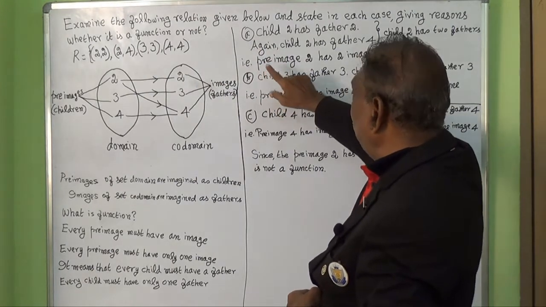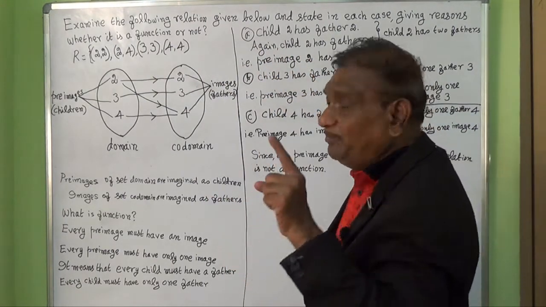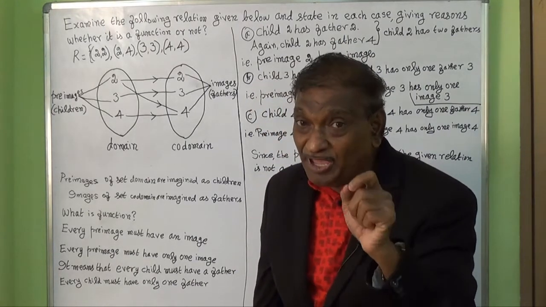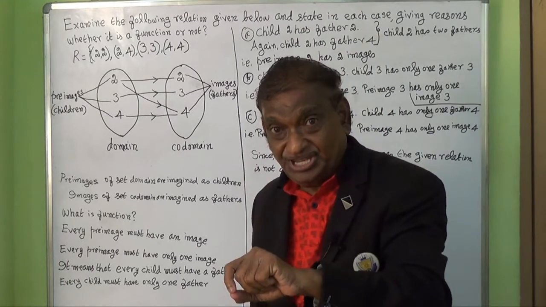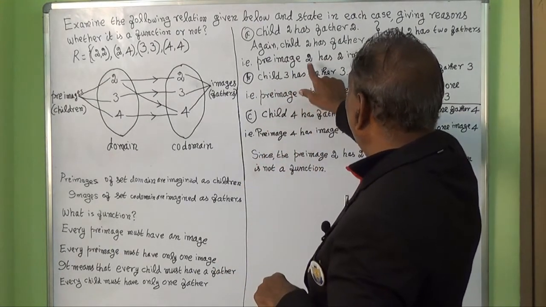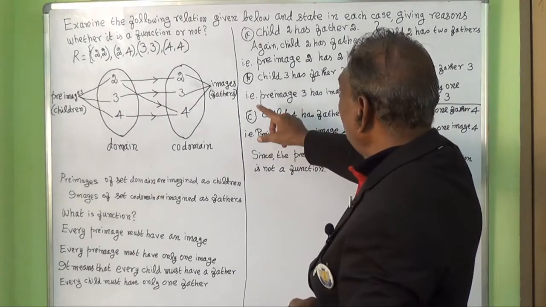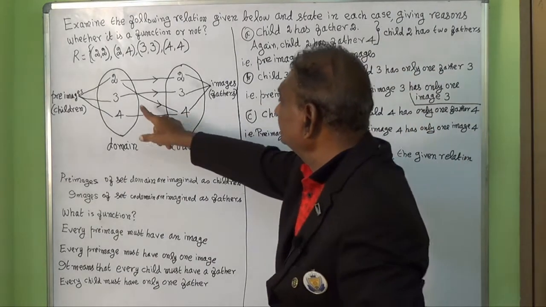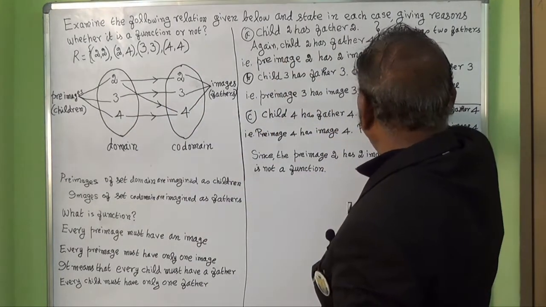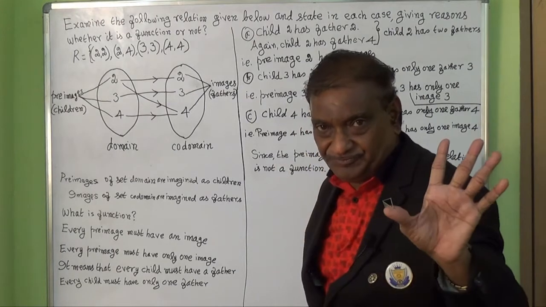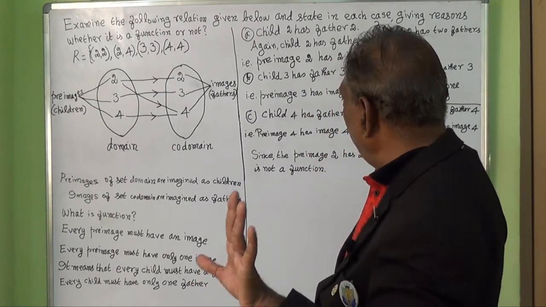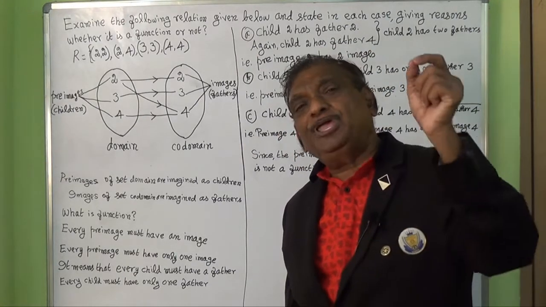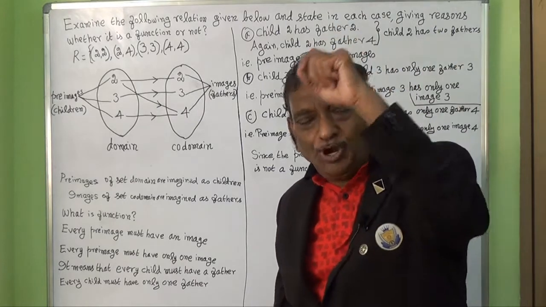That is, the pre-image 2 has 2 images. The pre-image must have an image. The pre-image must have only one image. In this case, the pre-image 2 has 2 images. Coming to the child 3. The child 3 has father 3. The child 3 has only one father 3. That is, the pre-image 3 has image 3 and the pre-image 3 has only one image 3.